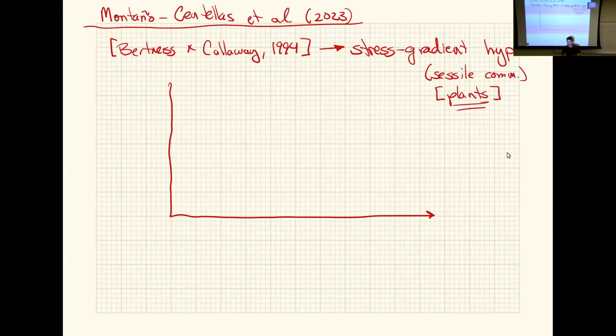If we just focus on plants for simplicity, you can have an index here of facilitation, which is basically an association between two species that doesn't hurt either species and might benefit at least one of them.